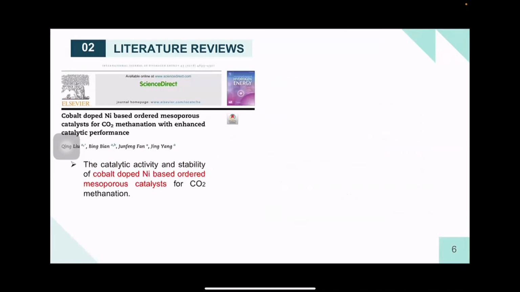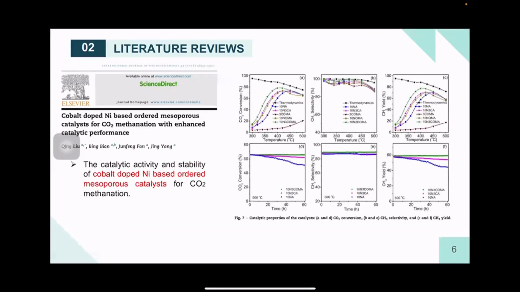The second paper studies the catalytic activity and stability of cobalt-doped nickel-based ordered mesoporous catalyst for carbon dioxide methanation. The figure shows the catalytic property of the catalyst.